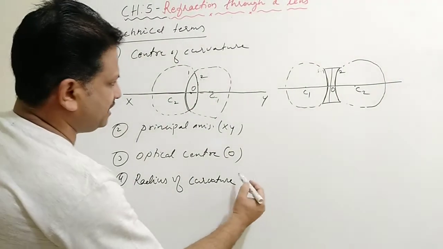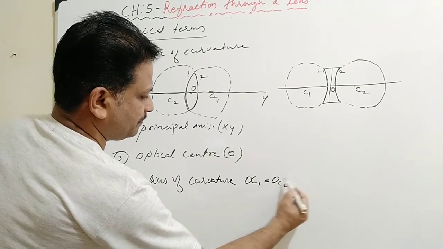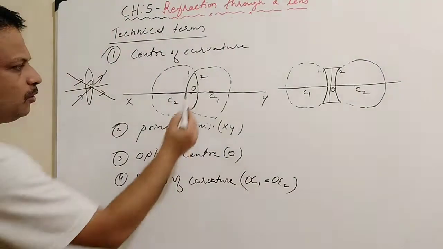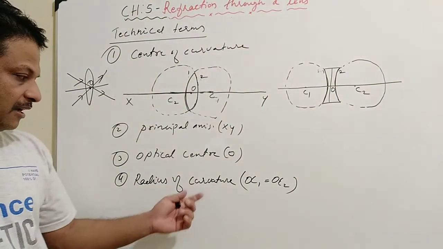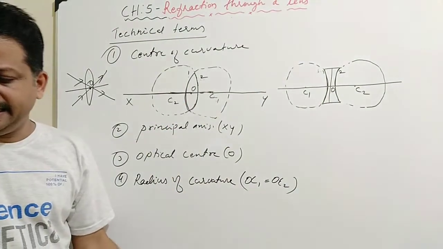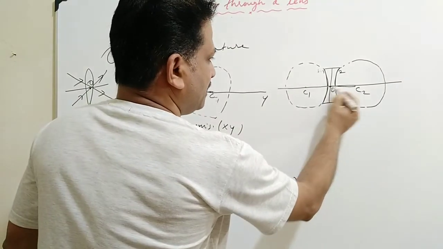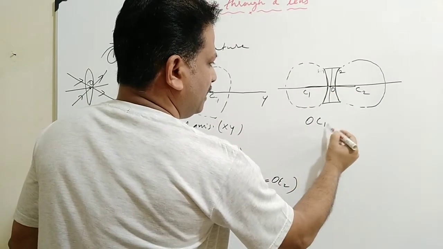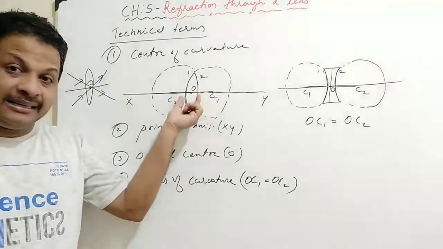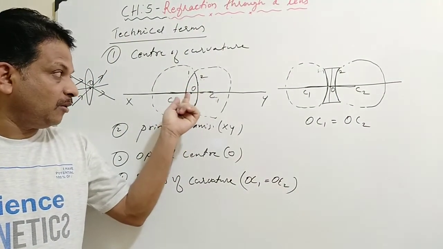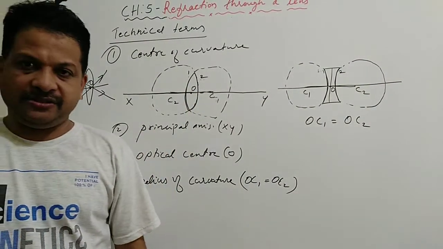So the radius of curvature is equal to OC1, that's equal to OC2. Clear? So OC1 and OC2 are the radius of curvature of a lens. OC1 is equal to OC2. Remember that for a very fine and thin lens, OC1 and OC2 are known as the radius of curvature.